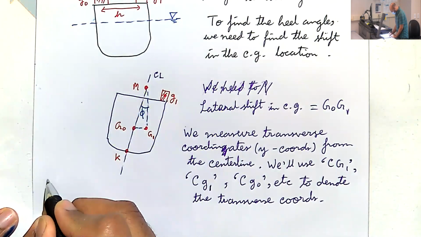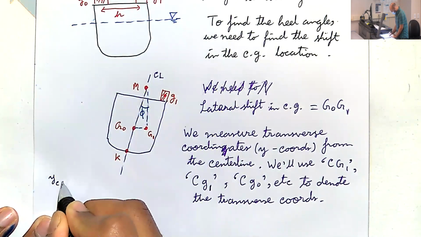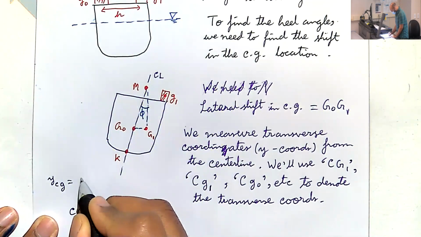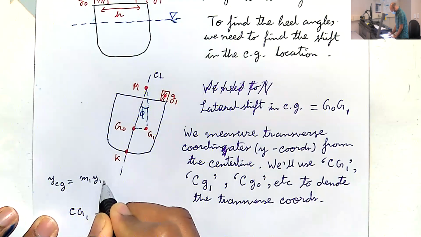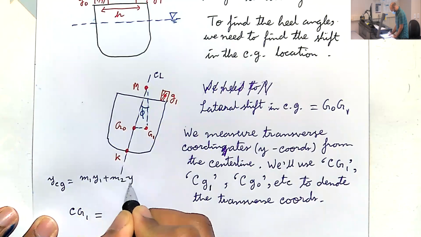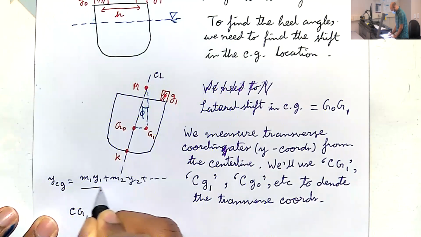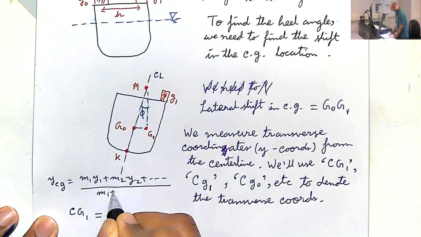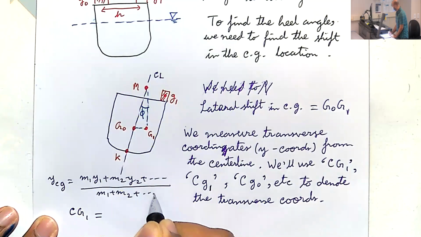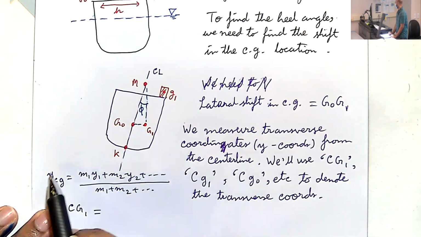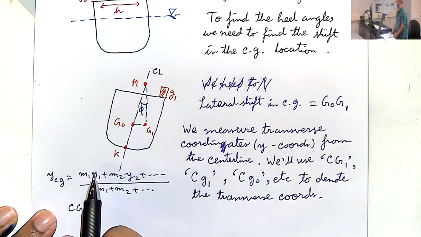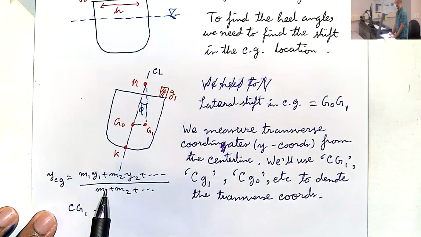Do you remember this? YCG is M1 Y1 plus M2 Y2 plus dot dot dot. See, we keep writing the same type of formula, for whether it be for mass, for area, or for volume. So always think of that.